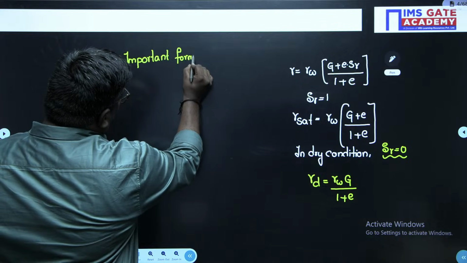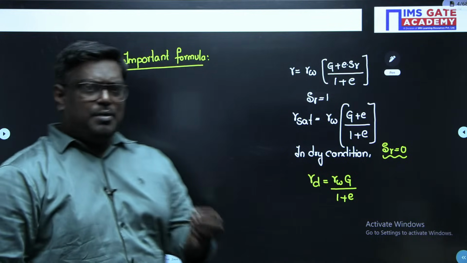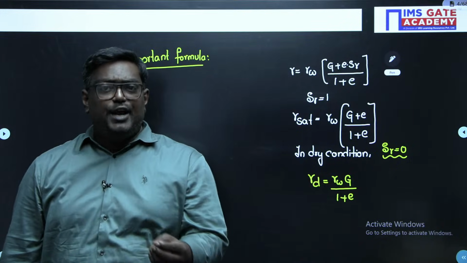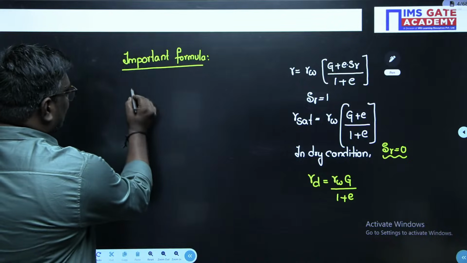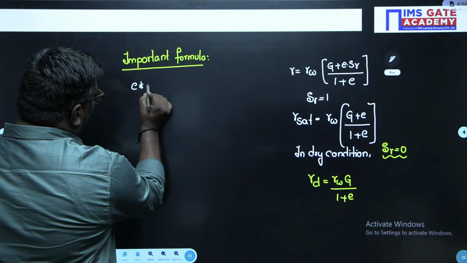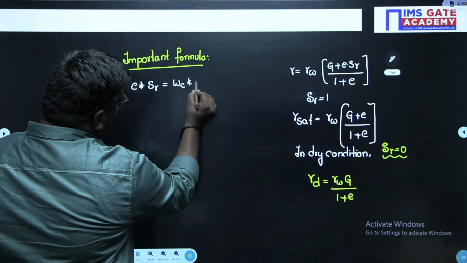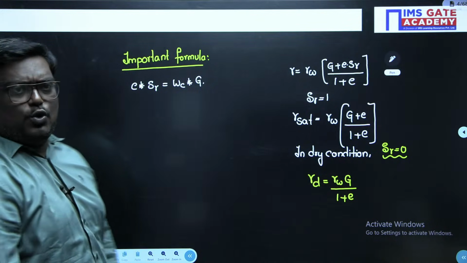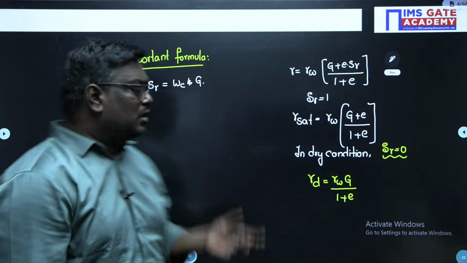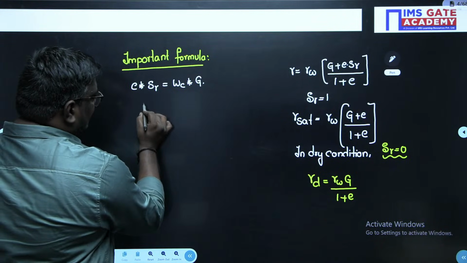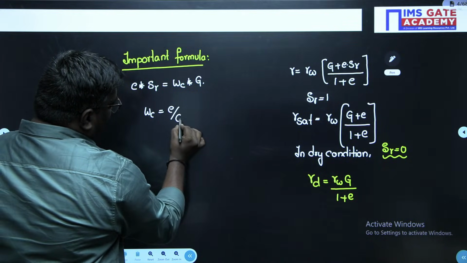The relation between void ratio, degree of saturation, water content and specific gravity is given by the formula e into S_r is equal to water content into G. In fully saturated state, degree of saturation will be equal to 1. So, if S_r is equal to 1, water content can be written as e upon G.